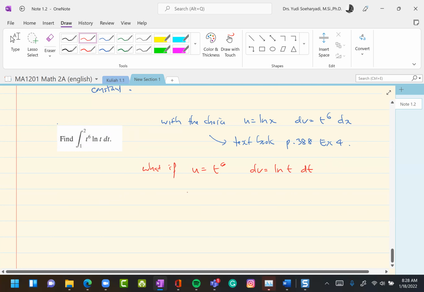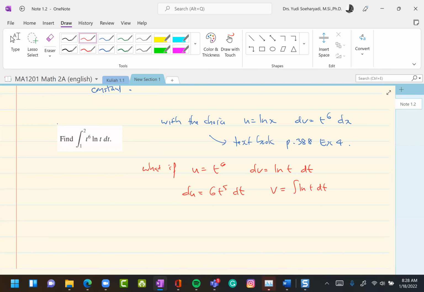So here we have du equals 6t to the 5, while v is the integral of ln of t. Well, this is the problem, because the integral of ln, well, we computed earlier.